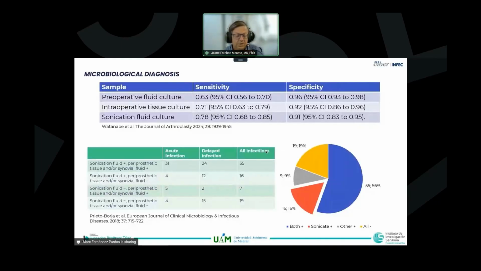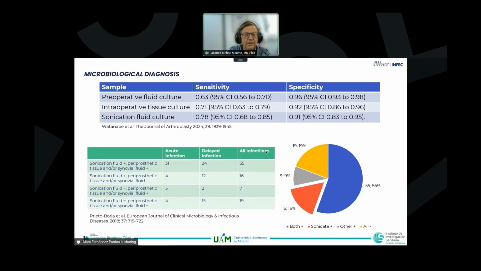The use of sonication has been reviewed in many cases, and our team thinks that it is a very useful methodology because in any other case, the implant cannot be cultured. And this is very important because the implant is a very important sample, especially in chronic infections where biofilm can be detected on the surface of the sample.